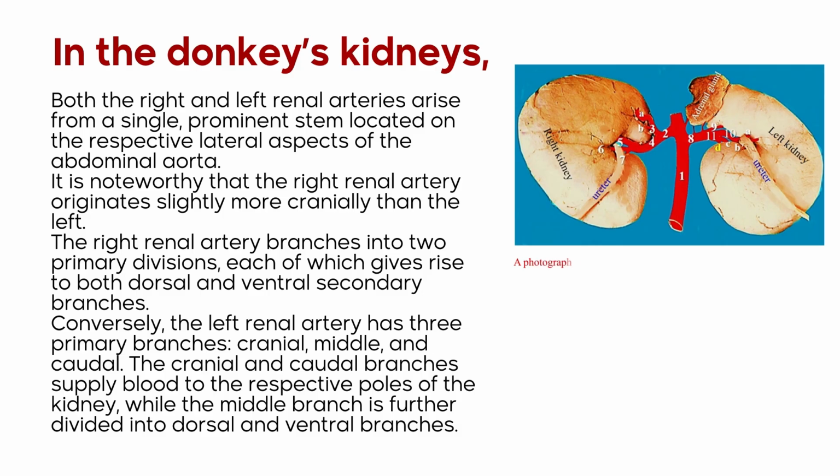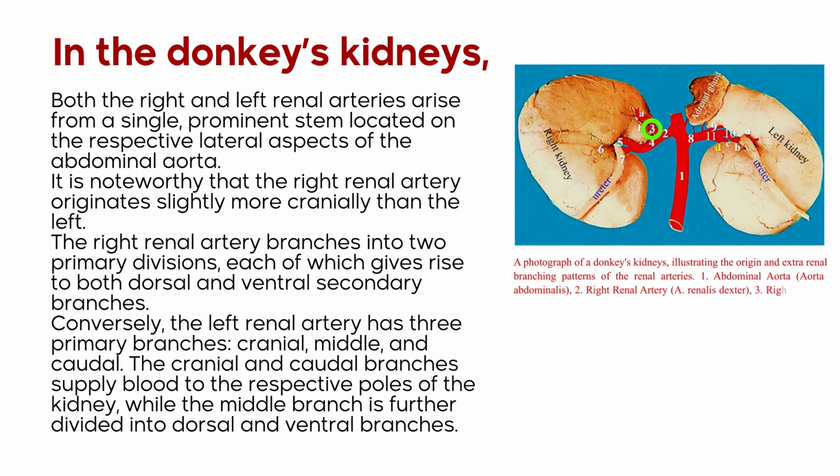A photograph of a donkey's kidneys, illustrating the origin and extra-renal branching patterns of the renal arteries. 1. Abdominal aorta, aorta abdominalis. 2. Right renal artery, A. renalis dexter. 3. Right cranial branch, ramus cranialis dexter. A. Ventral branch, ramus ventralis.